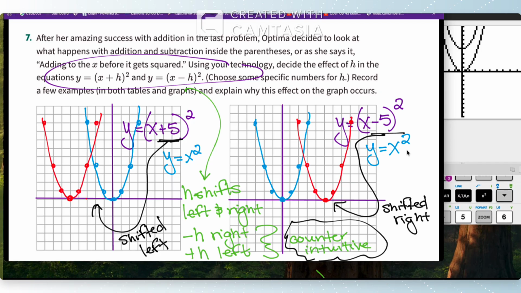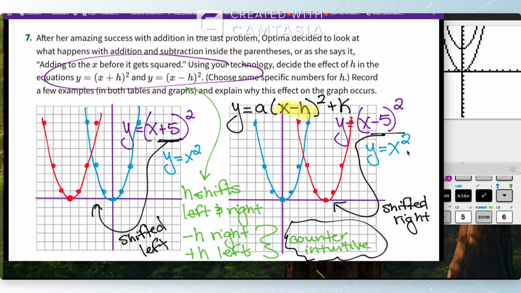And this again comes from the vertex form, which is y equals a times x minus h squared plus k. So very similar to point-slope, if I were to plug in a negative 5, which is really doing a minus 5 to the x value, x minus negative 5 would appear as a positive, which it does here, right?